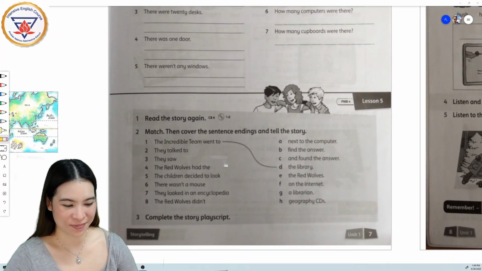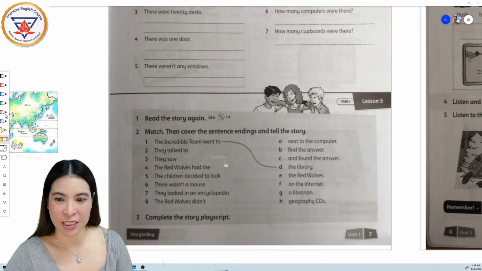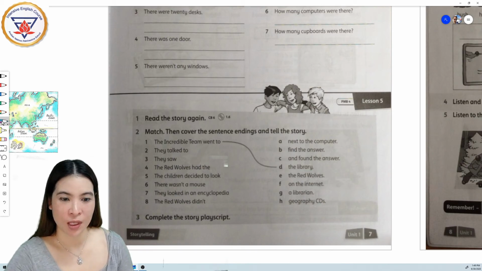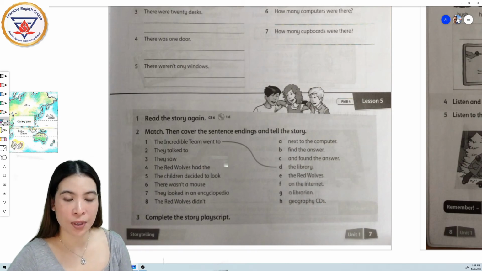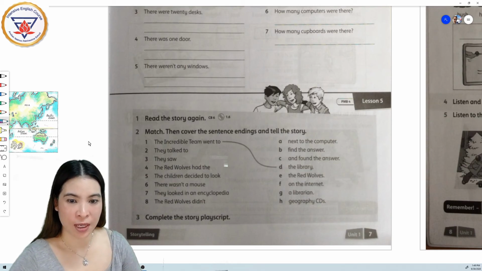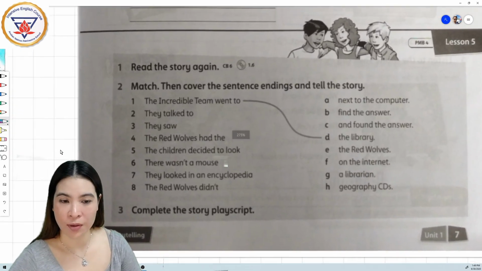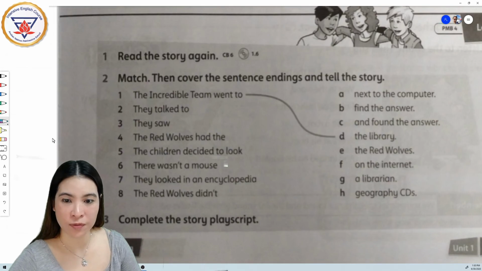All right. Now it's time for you to match. We already did number 1. What about number 2? Can you see? I will expand it a little. How about now? Is it better for you?